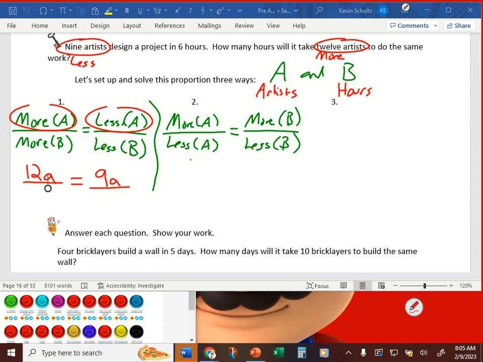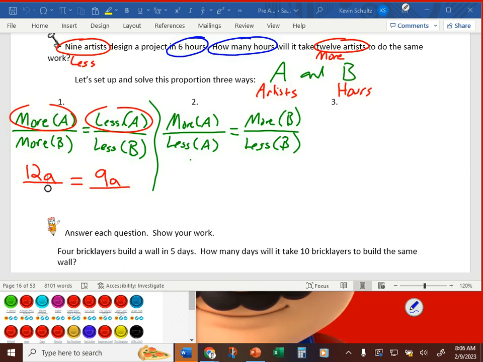Good? Okay? So now our B value, our second value, is hours. And this one is a little bit trickier because this is where our variable comes in, right? How many hours? But we already know that if more people are helping, this value should be less than the original, right? If 9 artists can do it in 6 hours, it'll take less time for 12 people to do it.